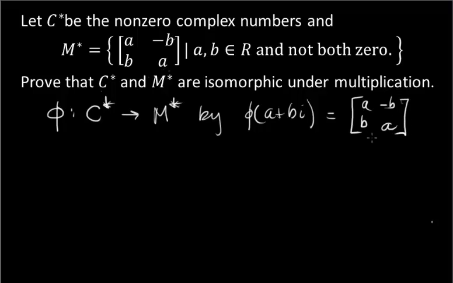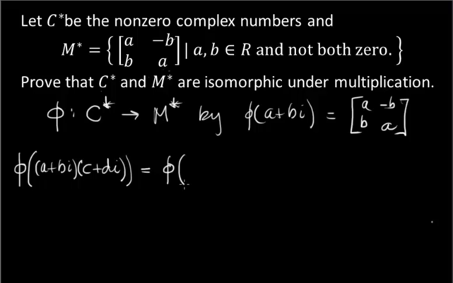We first need to show it's a homomorphism. So let's see, we are in multiplication in the complex numbers. So phi of a plus bi times c plus di will be equal to, we need to multiply that out, phi of ac minus bd, multiplying the two complex numbers, plus ad plus bc, i.